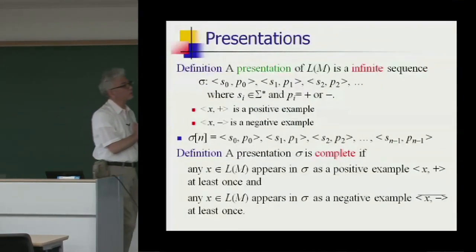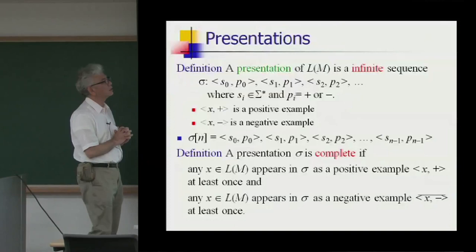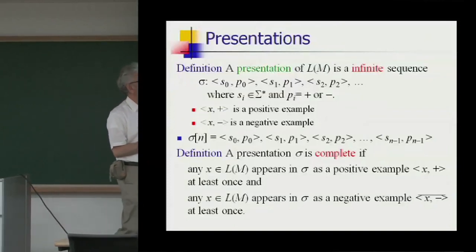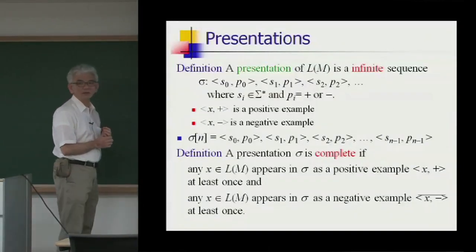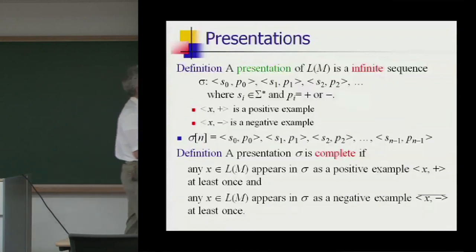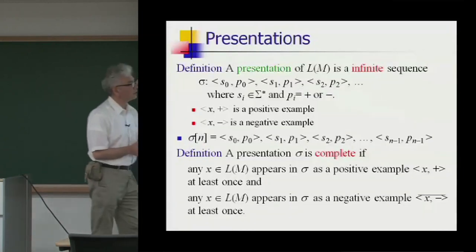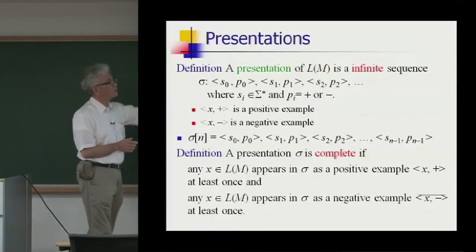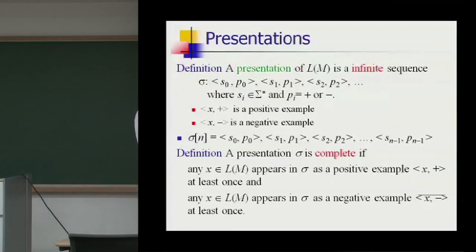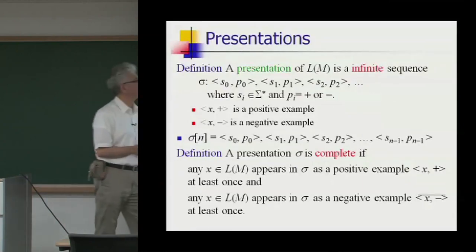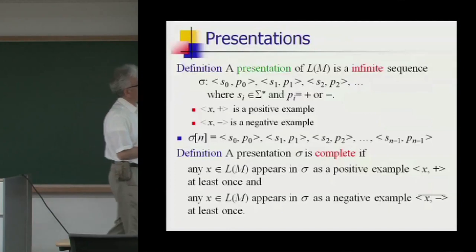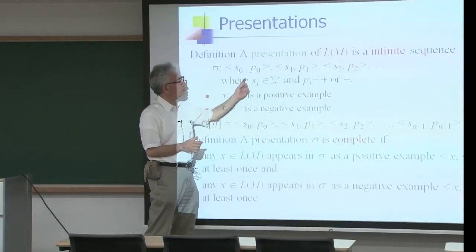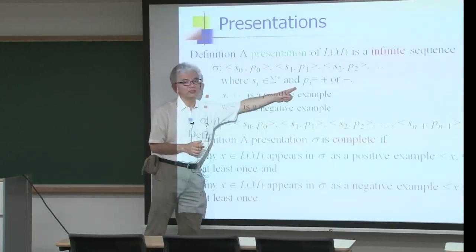Okay, then we give definitions. A presentation of a formal language L of M is an infinite sequence of pairs, where each pair consists of a string and its polarity.